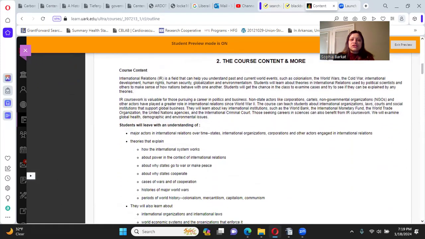Look at the course content. What are we doing? Read this section very well. IR essentially is a field, we talk a little bit about theoretical things in here. What are the theories we use to understand international relations? We look at that. Part of the work is also to try and understand different kinds of things that are happening.